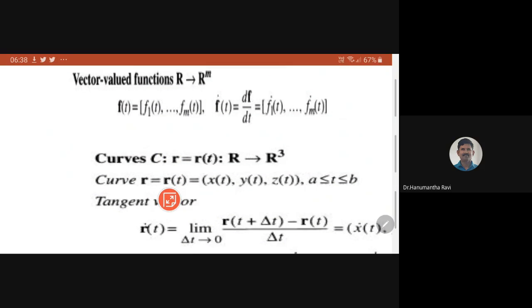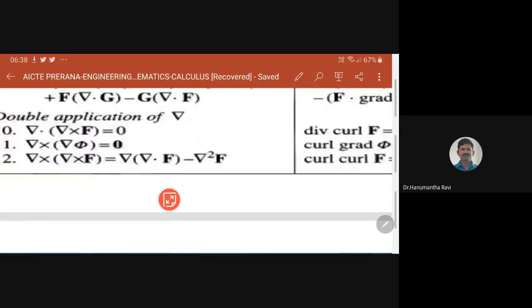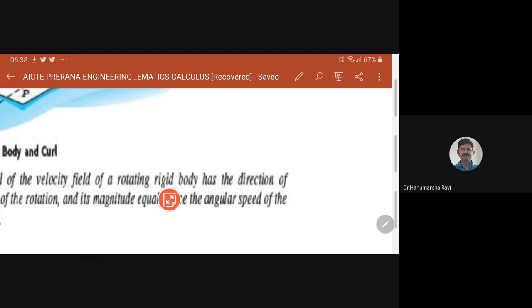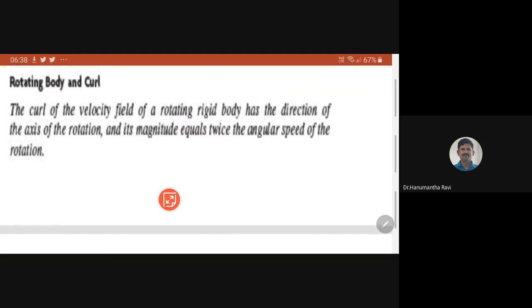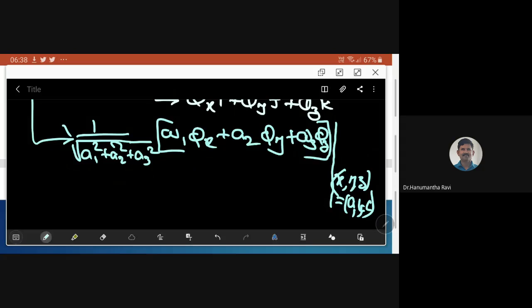Now see, I have one more thing. You need to remember one thing. There are two things that will come here.